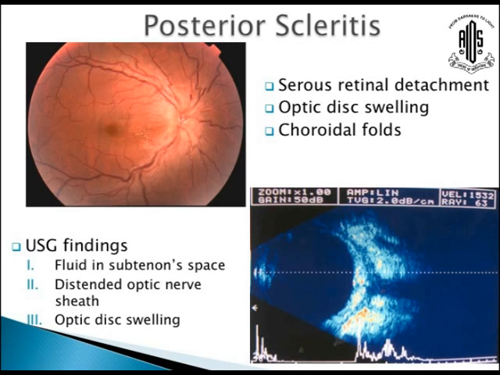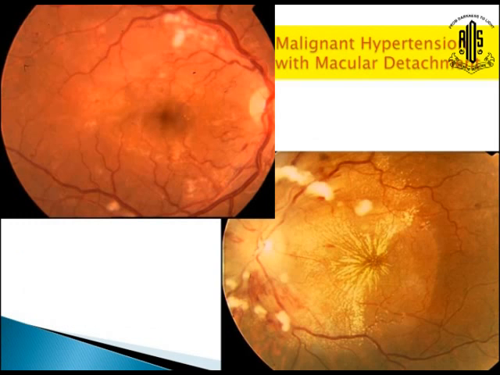Another differentiating feature is serous macular detachment associated with choroidal folds and ONH edema, optic nerve head edema. Posterior scleritis should be kept in mind, where you would see choroidal thickening with subtenon effusion, and it should be differentiated from chronic atypical CSCR. And malignant hypertension also can have serous macular detachment, but obviously the other features are very clear cut.